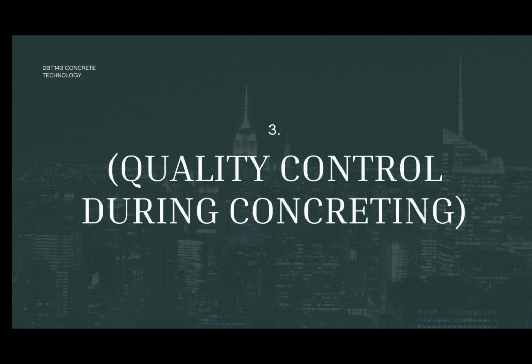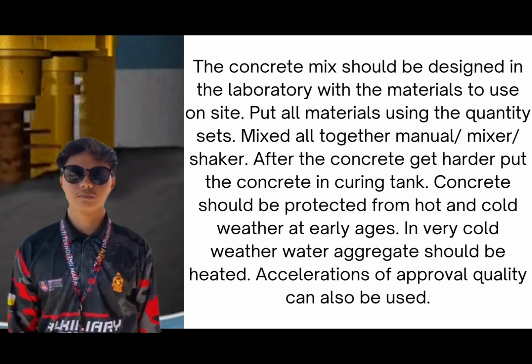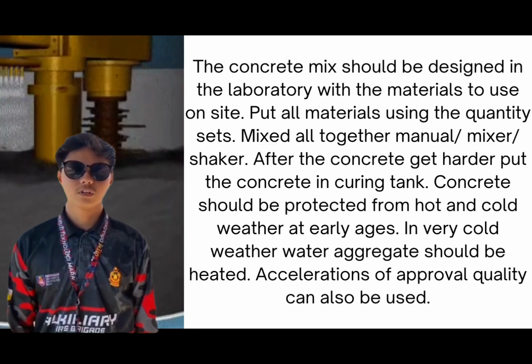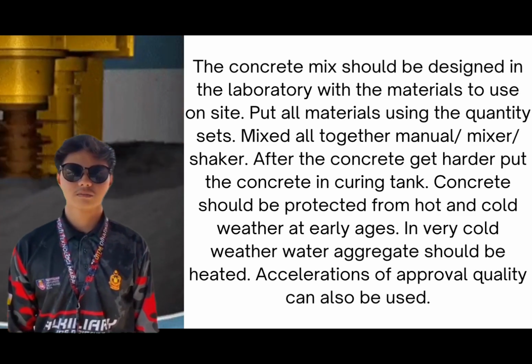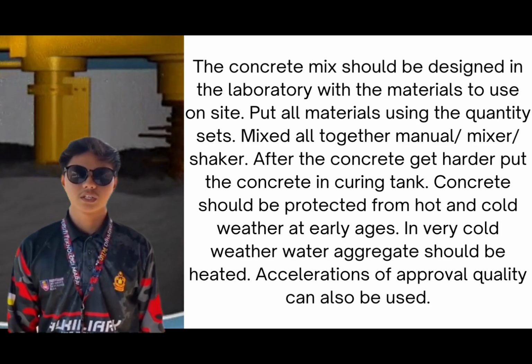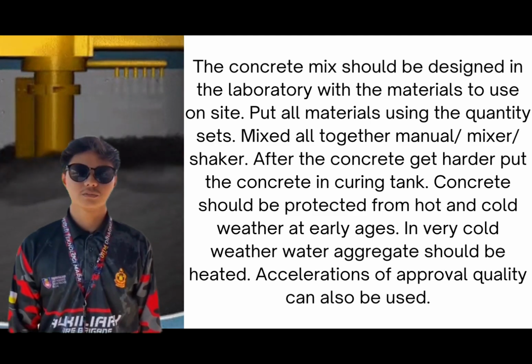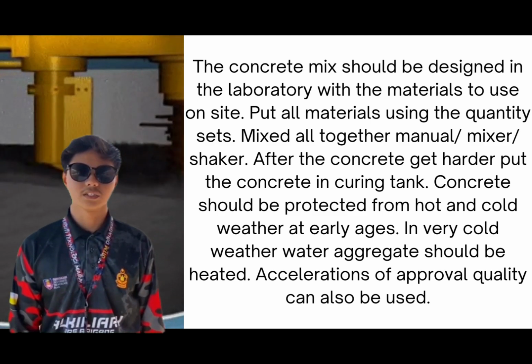Quality control during concreting. The concrete mix should be designed in the laboratory with the materials to be used on site. Put all materials using the quantities set. Mix all together. After the concrete gets harder, put the concrete in curing tanks. Concrete should be protected from hot and cold weather at early ages.